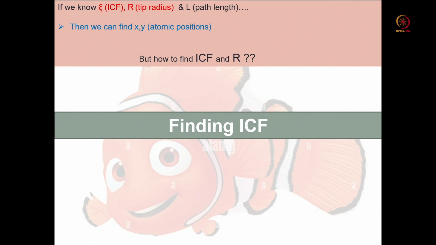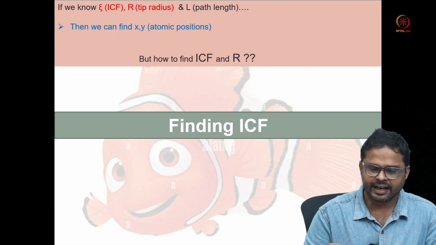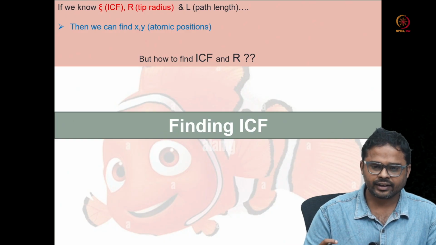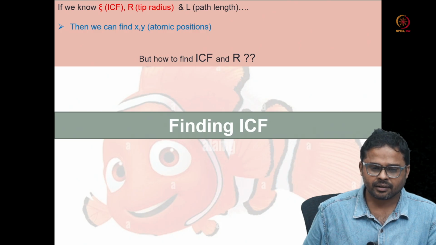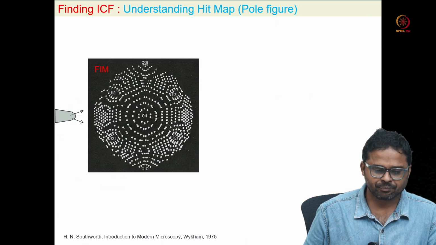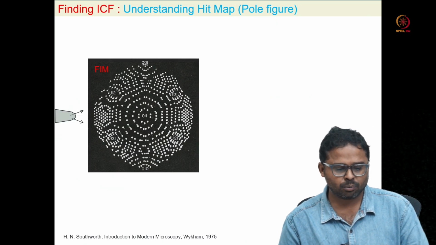Now I will just briefly go through, even though we have explained the determination of ICF and the radius of curvature. So ICF can be obtained by using film or by using pole figures, correct?